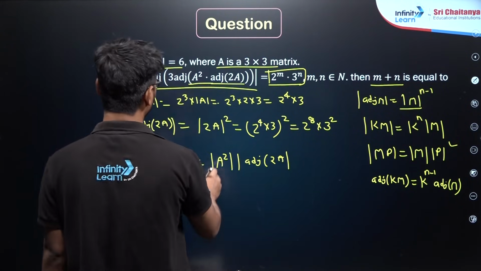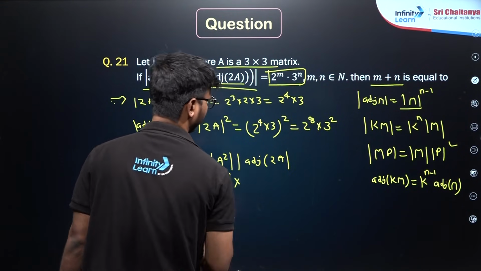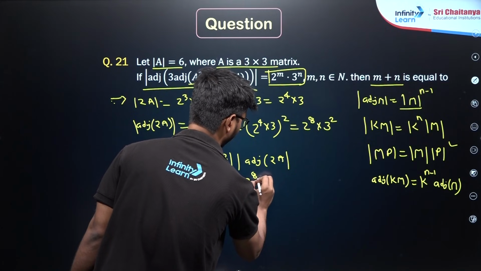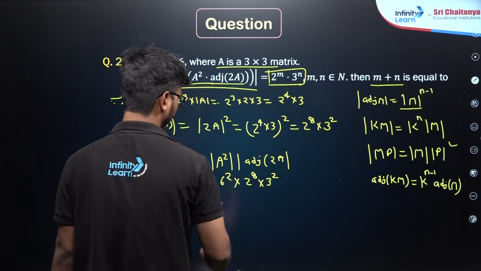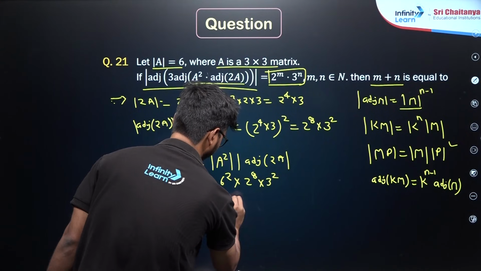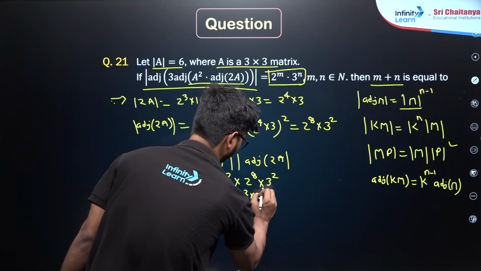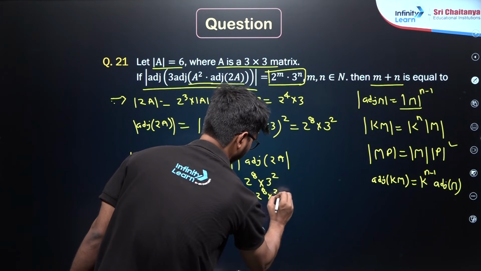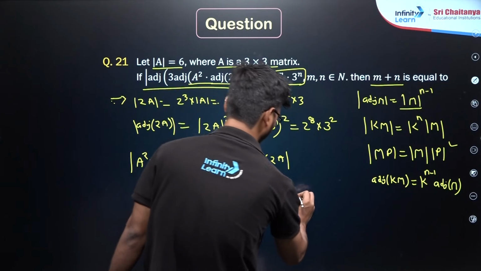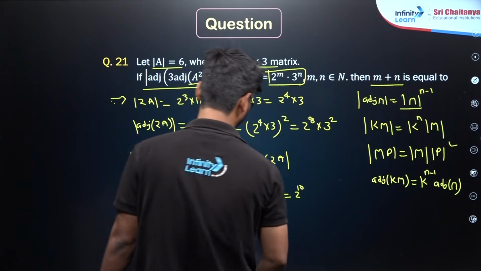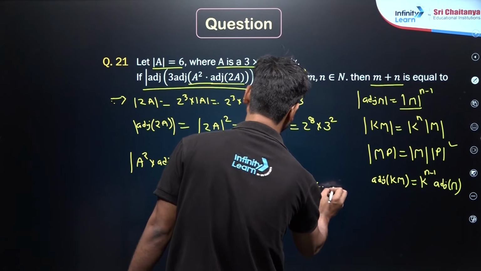And this we know is nothing but 6, so it is going to be 6 square multiplied by 2 to the power 8 into 3 square. Further simplifying, I can write it as 2 multiplied by 3, that is 2 square into 3 square into 2 to the power 8 into 3 square. So this is going to be 2 to the power 10 into 3 to the power 4, correct?